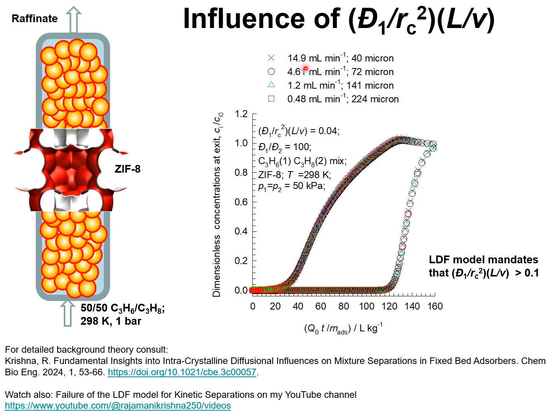It can be achieved by choosing an inlet volumetric flow rate of 14.9 milliliters per minute with a particle size of 40 microns, or with an inlet flow rate of 4.61 milliliters per minute with a crystal diameter of 72 microns, or with an inlet flow rate of 1.2 milliliters per minute with a crystal diameter of 141 microns.